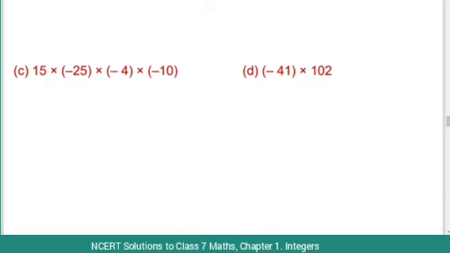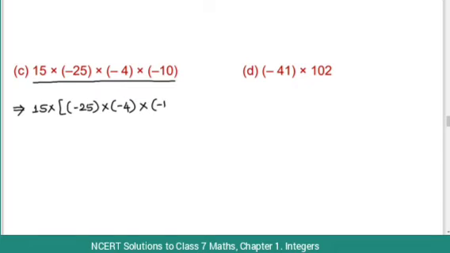C, 15 into minus 25 into minus 4 into minus 10. So here 15 into minus 25 into minus 4 into minus 10. So I will write it in a bracket. Afterwards 15 into bracket I will solve first. 25 into 4 is 100. 100 into 10 is 1000.